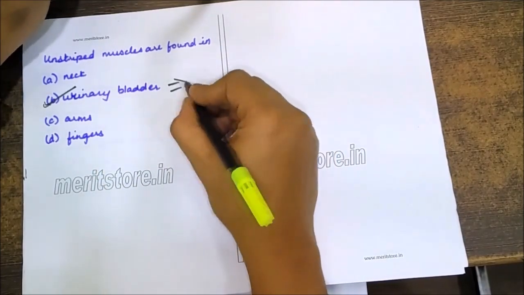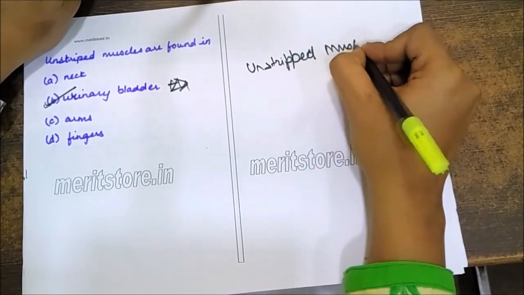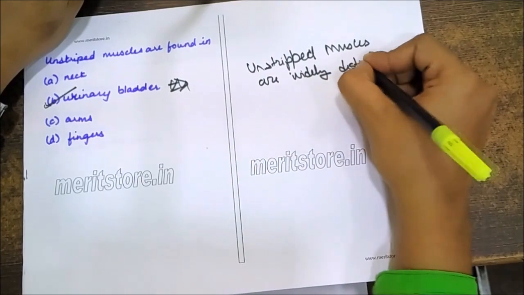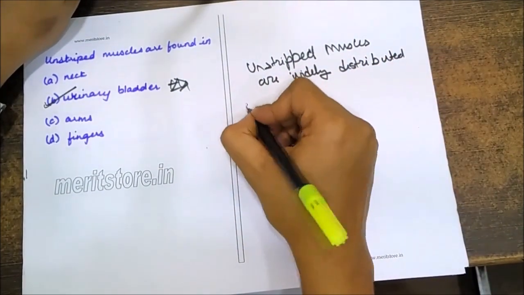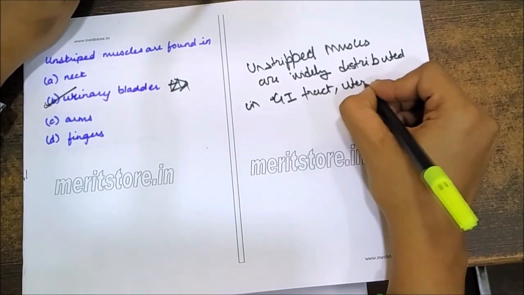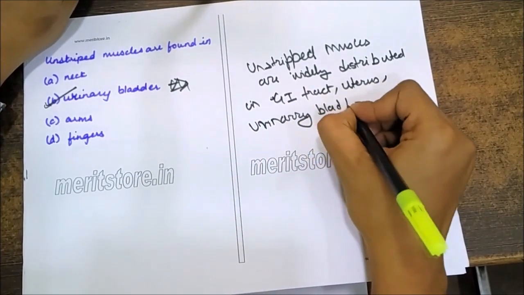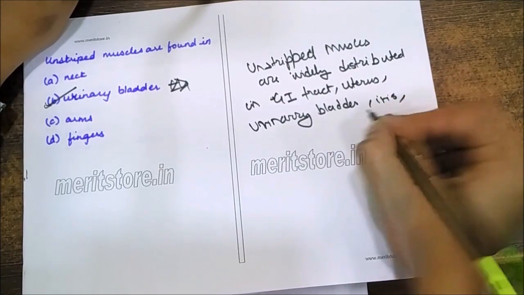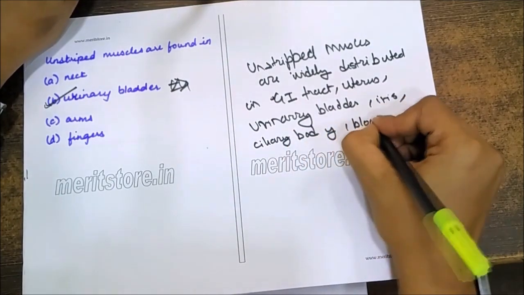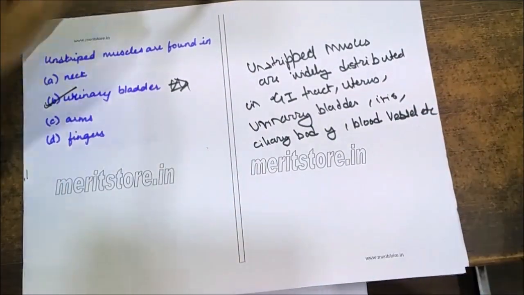Now see these unstriped muscles are widely distributed in GI tract, uterus, urinary bladder, iris, ciliary body, blood vessels, etc. So all of these places you would find unstriped muscles. Next.